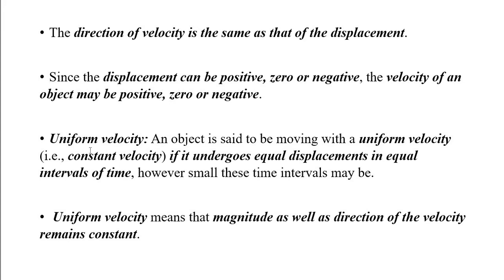So we have covered uniform velocity if it covers equal distances, displacements in equal intervals of time. This is uniform velocity, which means magnitude as well as direction of velocity remains constant.